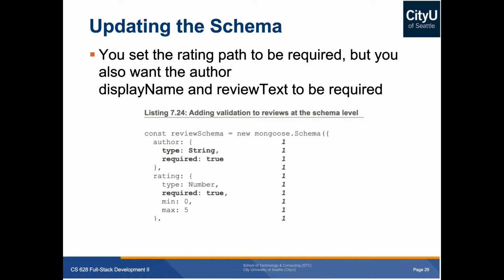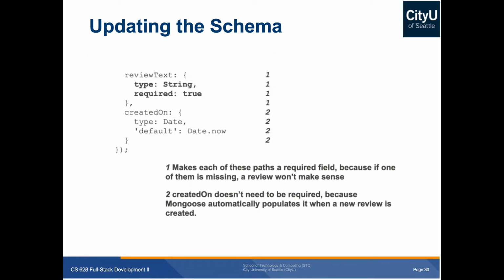So it's like names, right? And now the rating is required instead of default. And review text should be string and should be required. Created on is not required, but we can automatically generate that with the default and use the date object and call the date now method, so that it basically creates a timestamp.